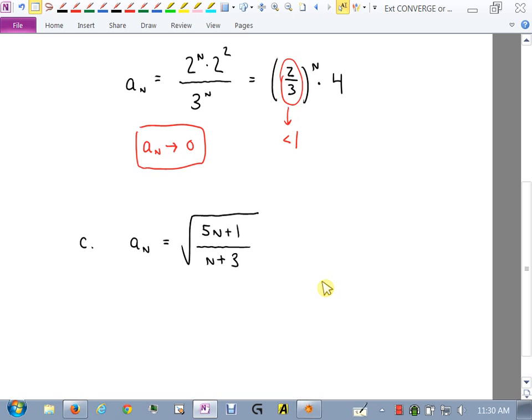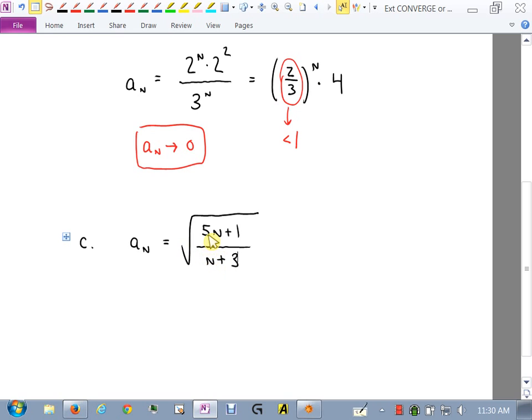Yay or nay? You got that or not? Diverge. What does this go to? Infinity here? Infinity, infinity over infinity? Don't really know. Got to figure it out.